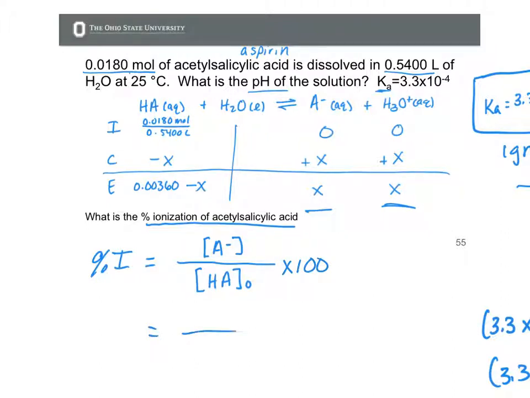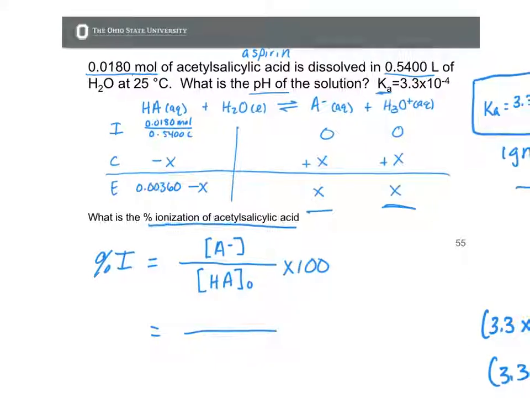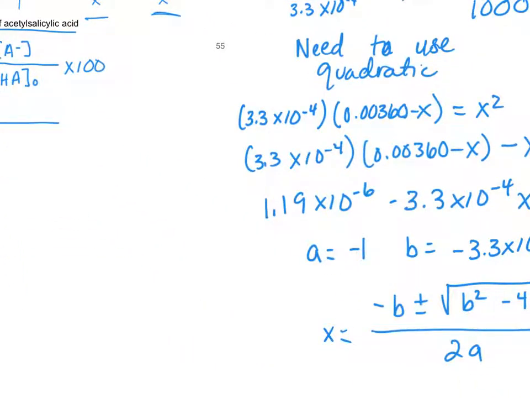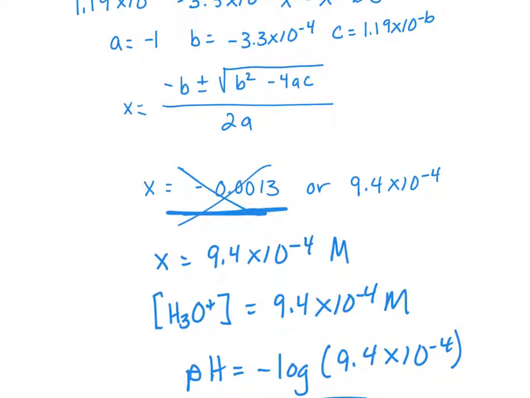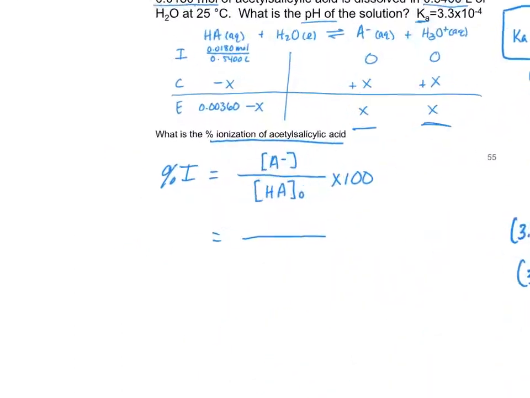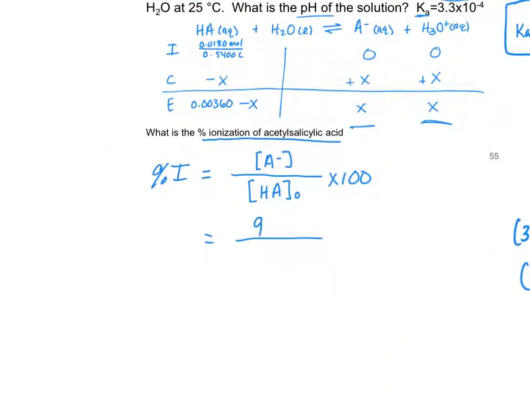And so we know that our A minus concentration, we just calculated that over here, that's our X value, is 9.4 times 10 to the minus 4 molar. And our initial concentration of weak acid was 0.00360 multiplied by 100. And we should end up with a percent ionization of 26%.